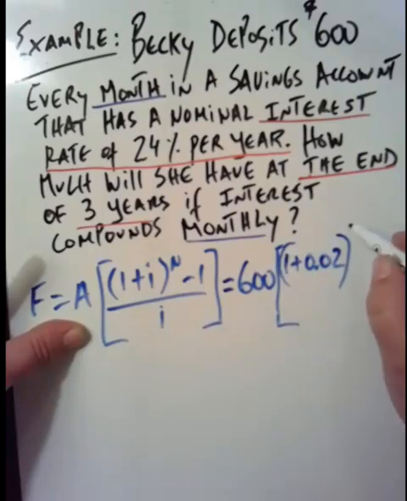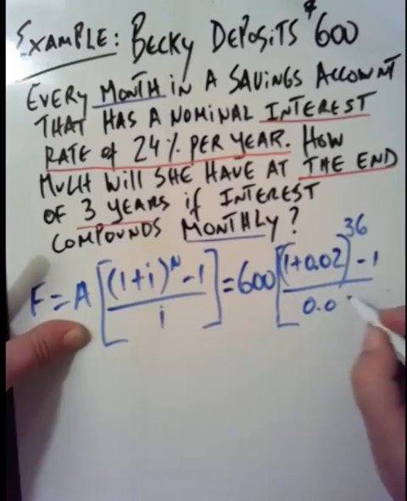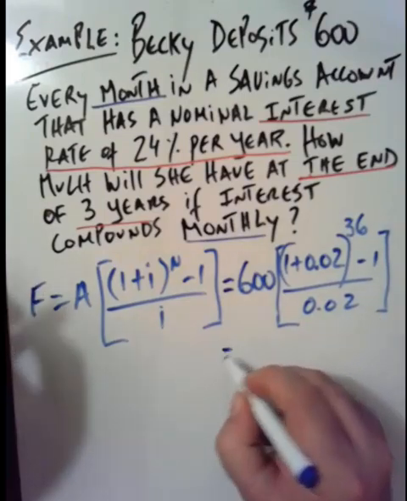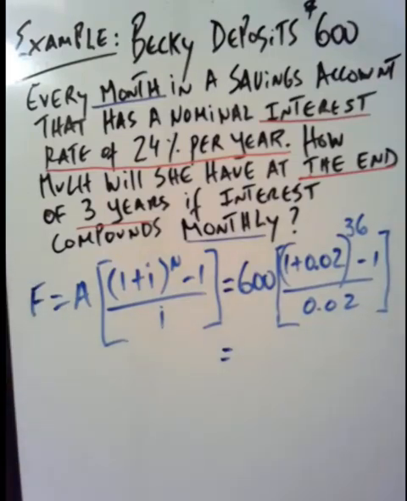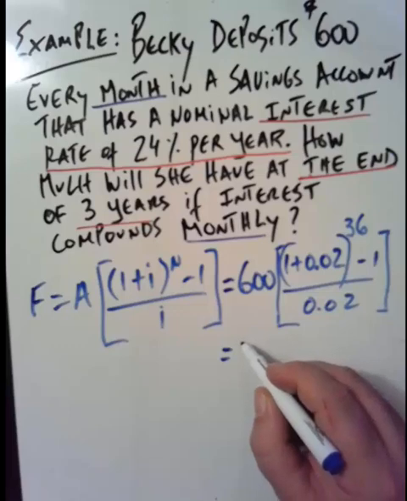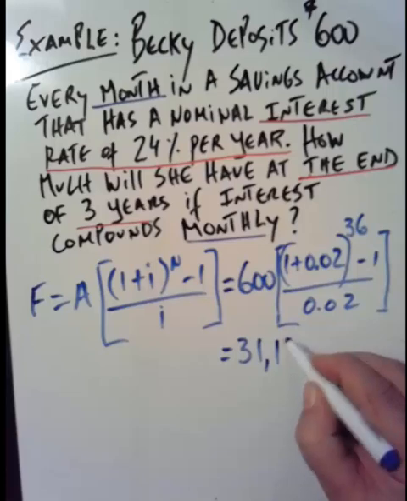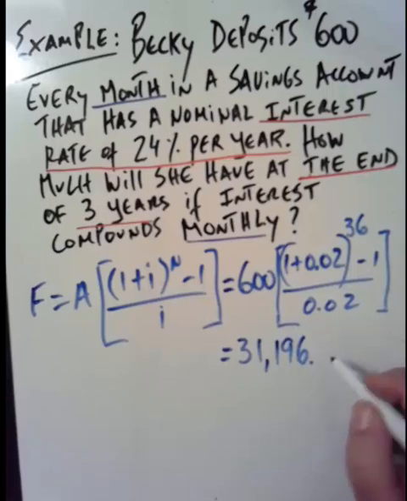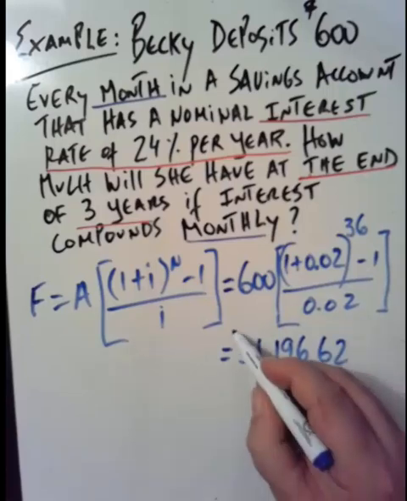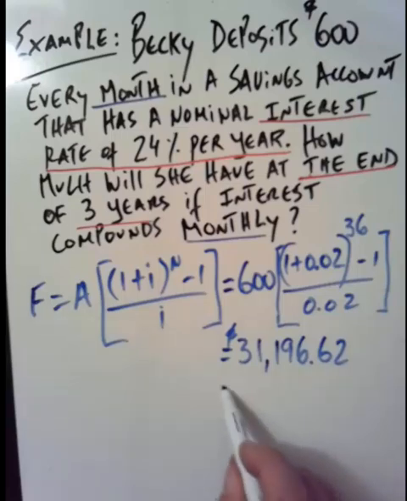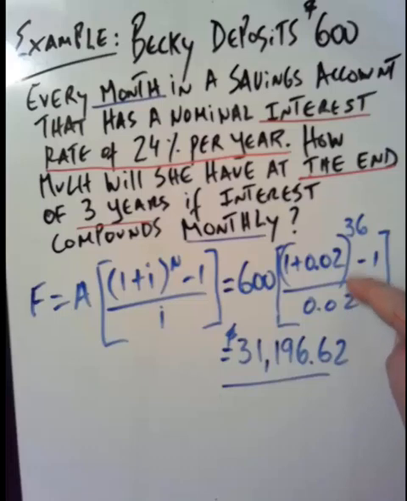There's going to be 3 years, so 36 months, then minus 1 divided by 0.02. And therefore, Becky is going to have $31,196.62 in this account.